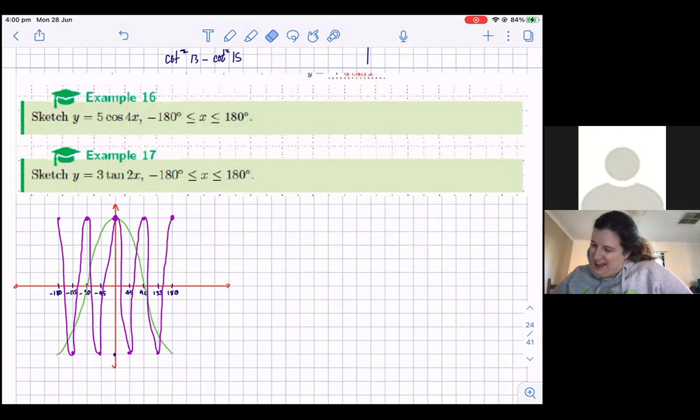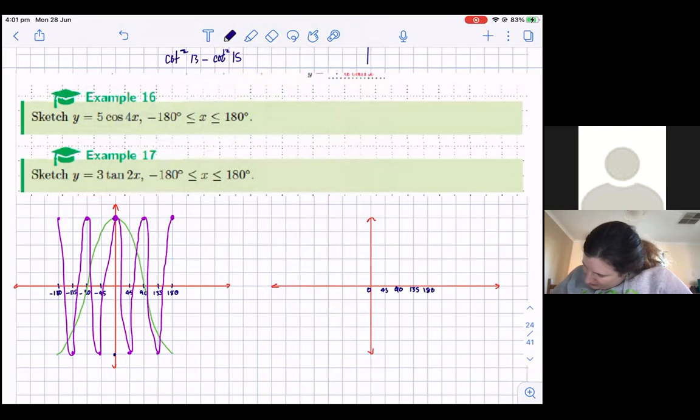Okay. And 3 tan 2x, same domain. Again, it's usually easier to draw the normal tan and then do this on it. 0, 45, 90, 135, 180.